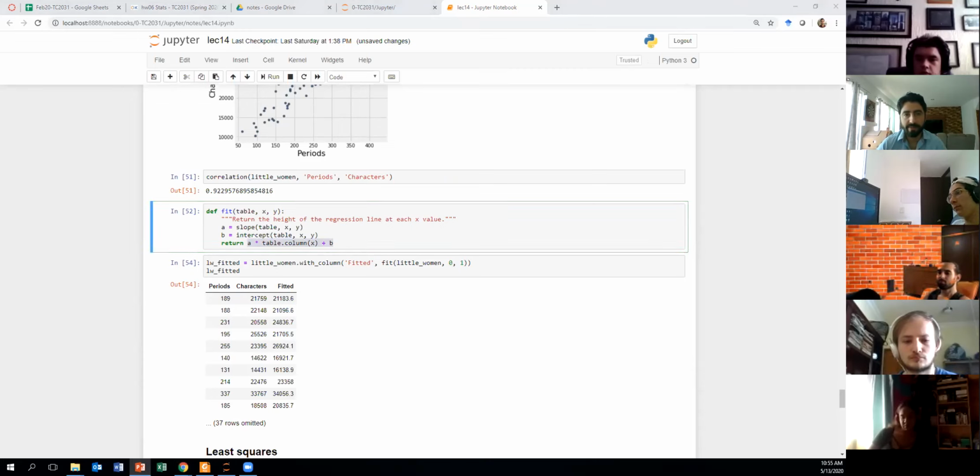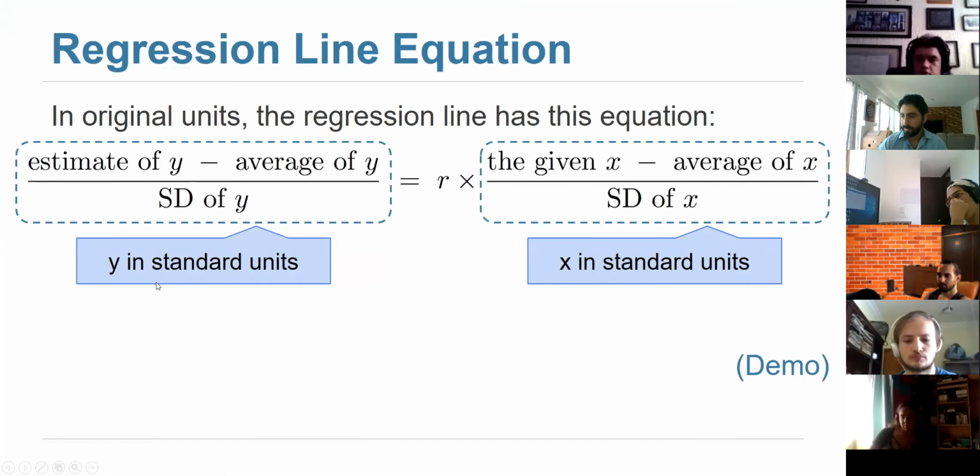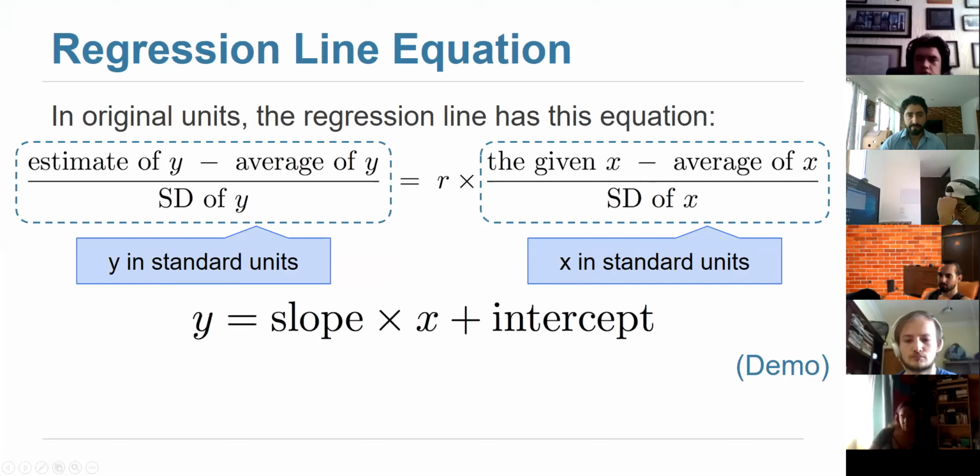Let me go back to the equations. I'm using these equations. I want to know my y in normal units using my x in normal units, but calculating using a slope and intercept. That's what I'm calculating in that function.